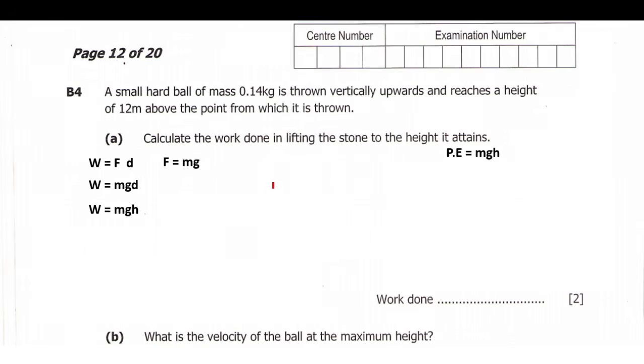So in short, potential energy is also equal to the work done in moving the stone to a height of 12 meters above the point from which it is thrown. Now, since we are told to calculate the work, we could have used this or the potential energy formula directly.